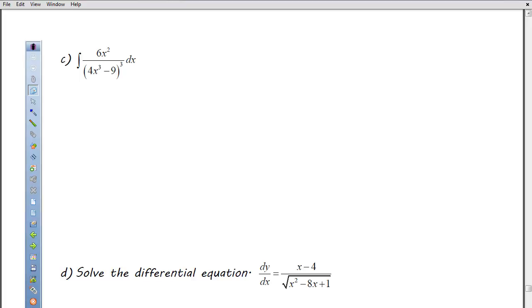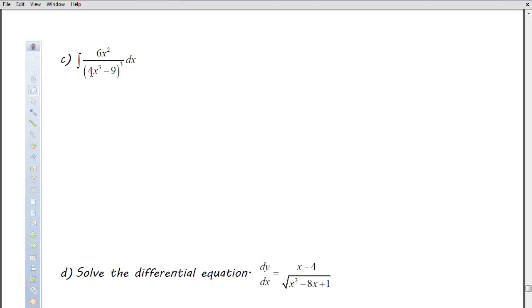All right, so here we have the integral of 6x squared over (4x cubed minus 9) cubed dx. Looking at this, we get a sense that if I take the derivative of 4x cubed, I would get 12x squared.